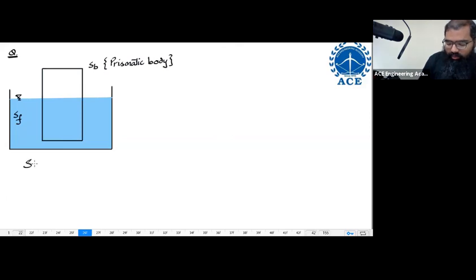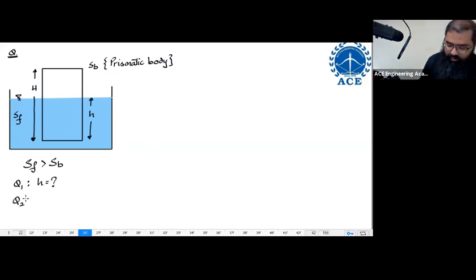The value of SF over here is greater than SB. That means the fluid is heavier in density. The entire height of the body is capital H. Question number 1 over here is, what is the value of small h equal to?